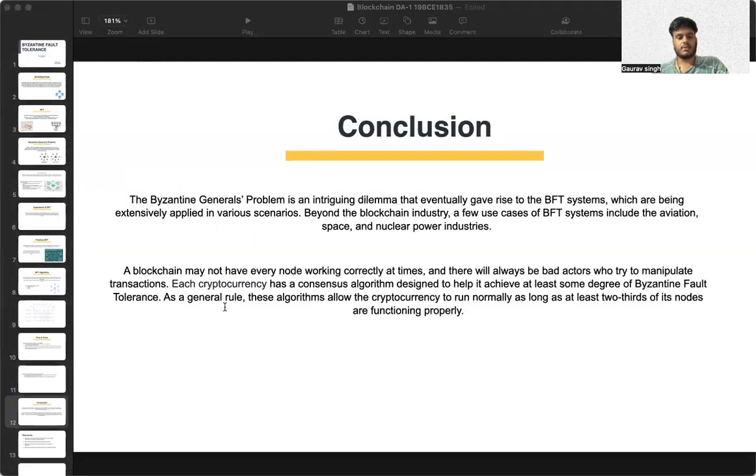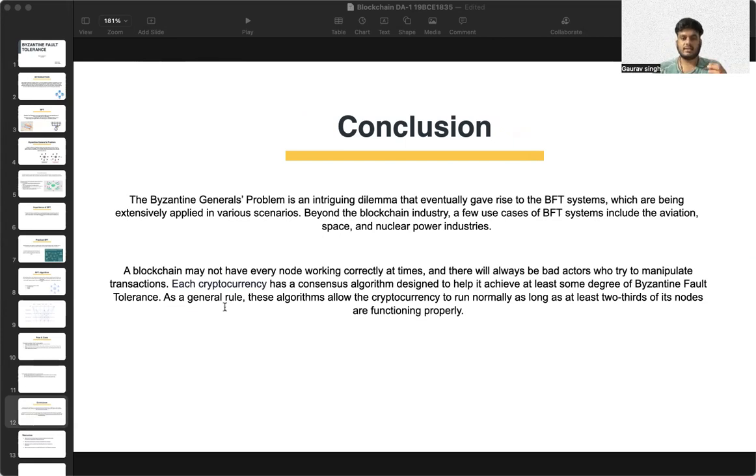So now to conclude, a blockchain may not have every node working at all times. There are obviously some bad nodes that are trying to manipulate the transactions. Not bad nodes, but bad actors, you can say. Every cryptocurrency has a consensus algorithm, which helps to achieve some degree of fault tolerance, Byzantine fault tolerance.